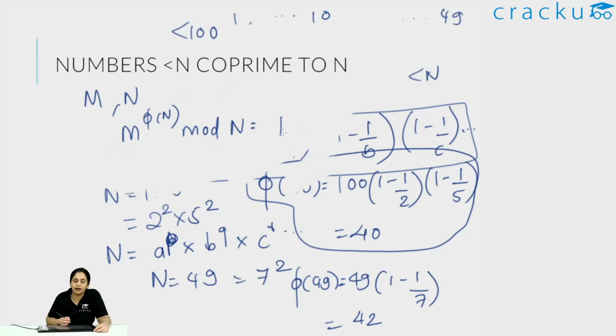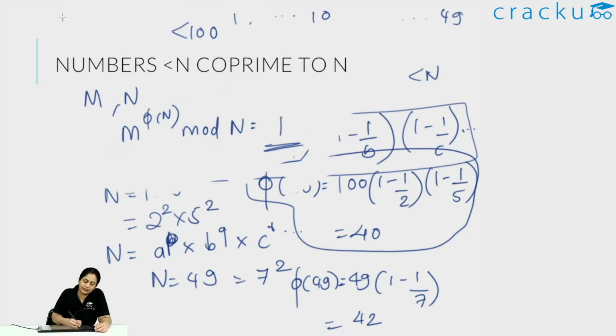That is, the remainder when m raised to phi of n is divided by n is 1. That is, you can find out complex remainder questions by saying that this raised to this mod n is equal to 1.